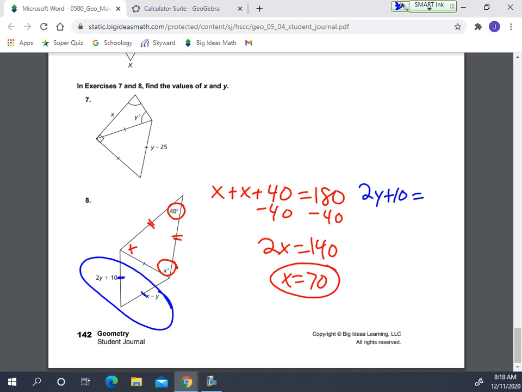Well, we know x is 70, so 70 minus y. To solve for this, I'm going to add y and subtract 10, so I'm going to get 3y is equal to 60. And if I divide by 3, I get y is equal to 20.